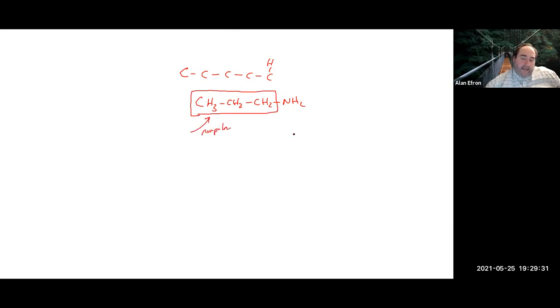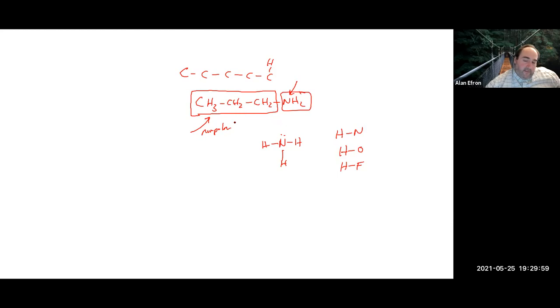Now, NH2 is really like a derivative of ammonia, and ammonia has the ability to hydrogen bond because there's a bond between hydrogen and nitrogen, right? You need either a hydrogen-nitrogen, hydrogen-oxygen, or hydrogen-fluorine bond in order for hydrogen bonding to occur. So it could occur.